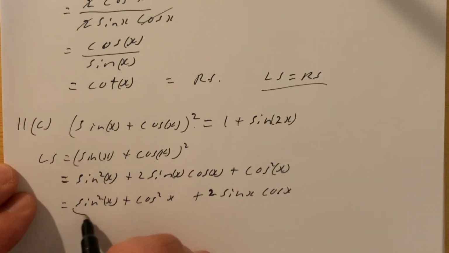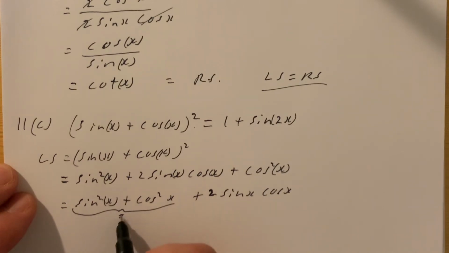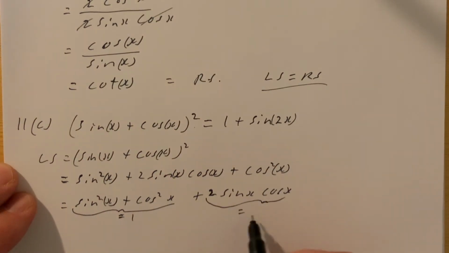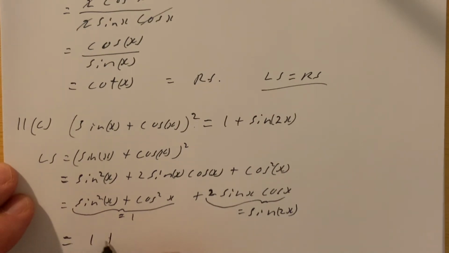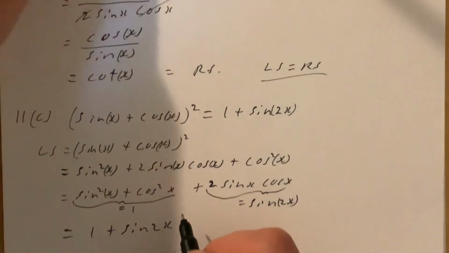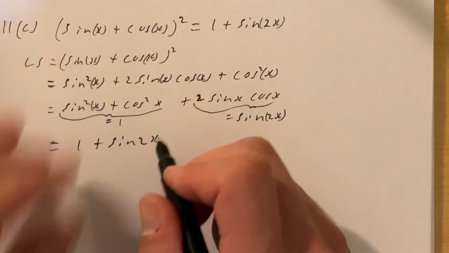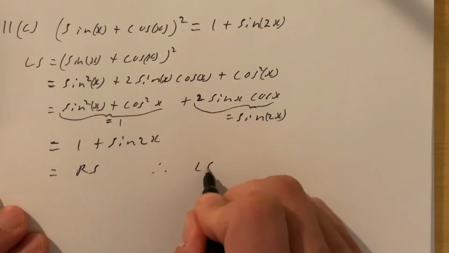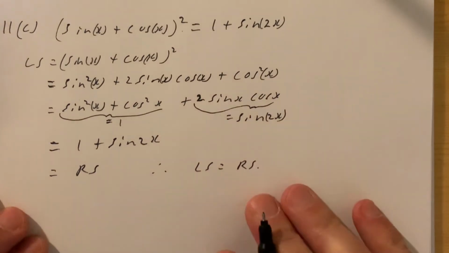So this equals 1, and this equals sine 2x. So, which is what we want. 1 plus sine 2x. Okay, and that is the right side. Okay, therefore left side equals right side.